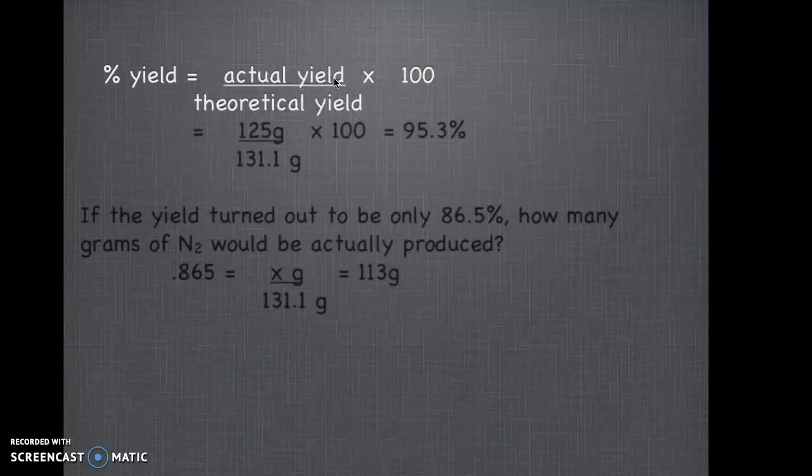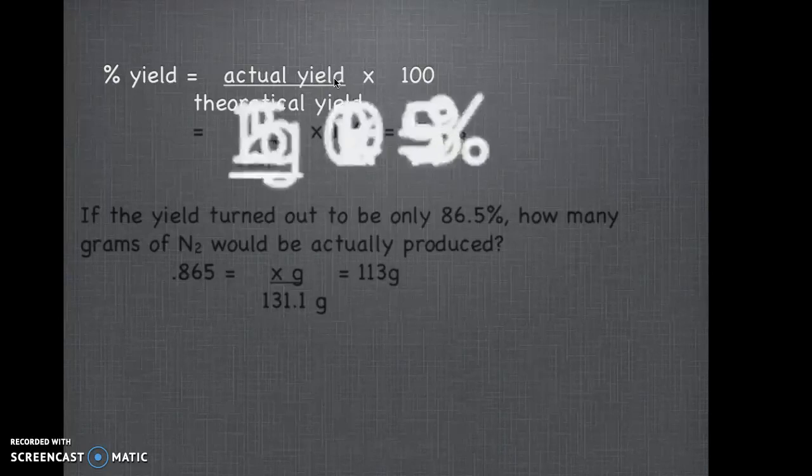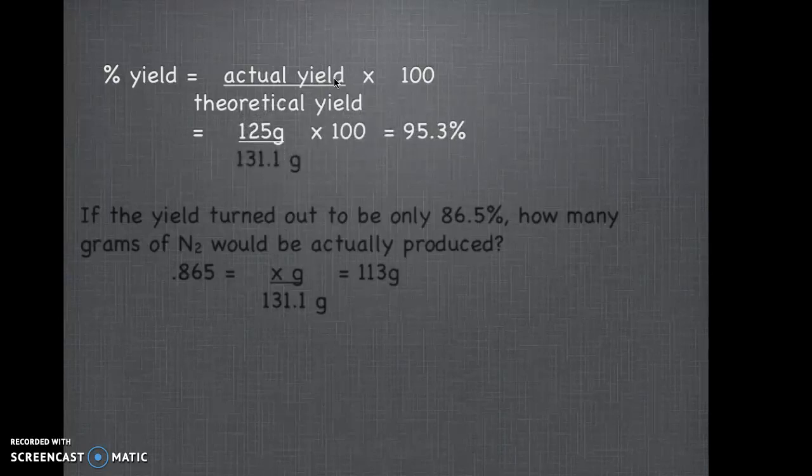So remember that our actual yield, according to the problem, they told us earlier that someone really made 125 grams of nitrogen. But from doing our stoichiometry setup earlier, we saw that theoretically they were really supposed to get 131.1 grams. So you take these two numbers, they get divided, and they're going to be pretty close to each other, right? You're not going to get someone getting something like 2 grams of nitrogen when they should have got 131. And then you times it by 100.